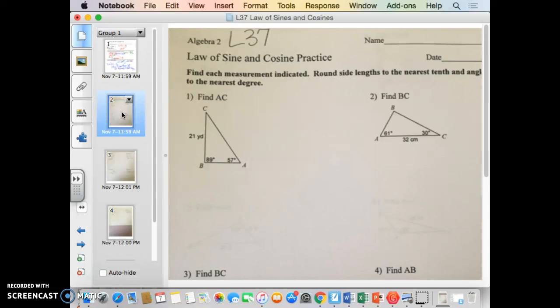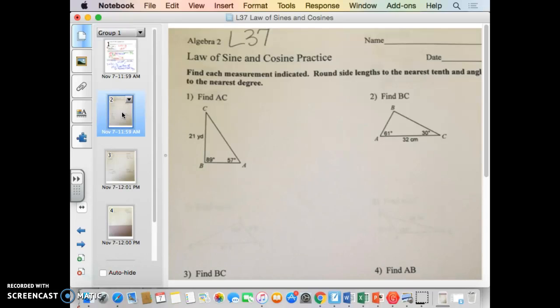It's called law of sine and law of cosine practice. Basically, this allows you to find missing angles and missing sides of triangles that are not 90 degrees. So we use trig ratios if you have a 90-degree triangle.